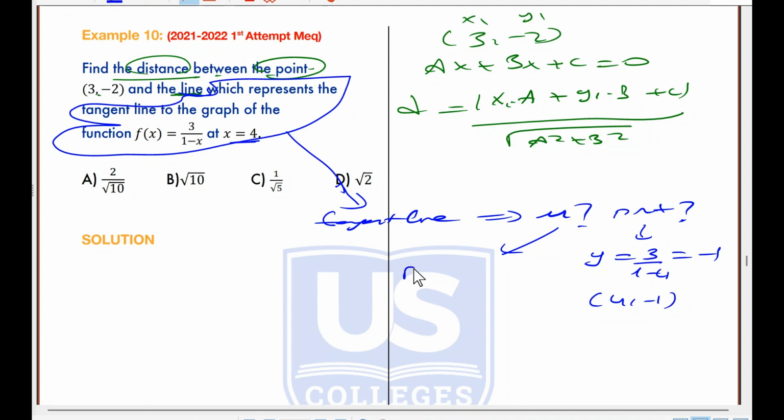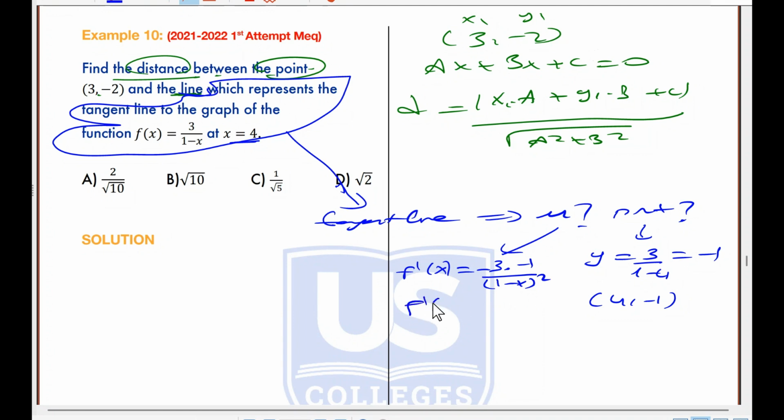I got the point. Now, how about slope? Slope means derivative. So we'll find f prime, and there's division. Let's apply the quotient rule. Derivative of top, 0, times bottom, minus top, which is 3, times derivative of bottom, negative 1, divided by bottom squared.